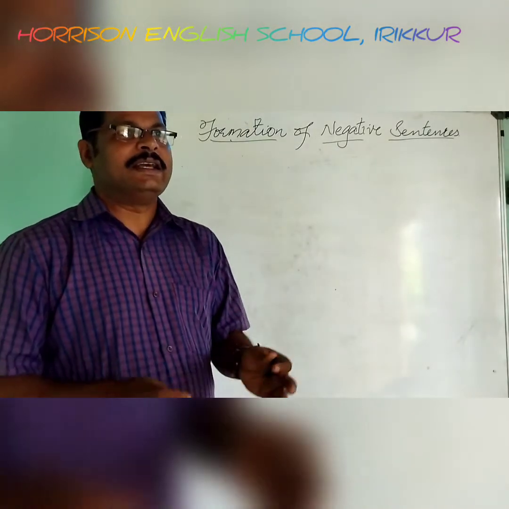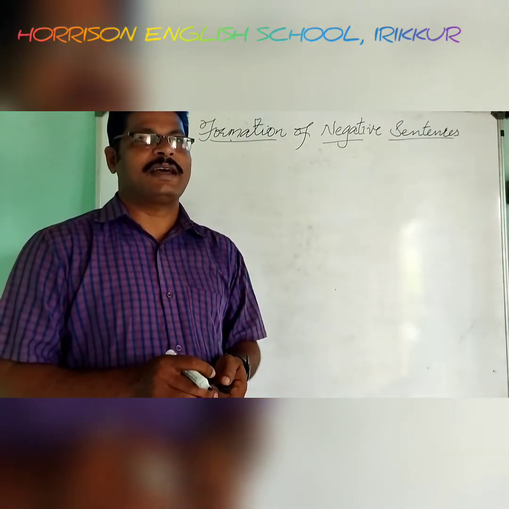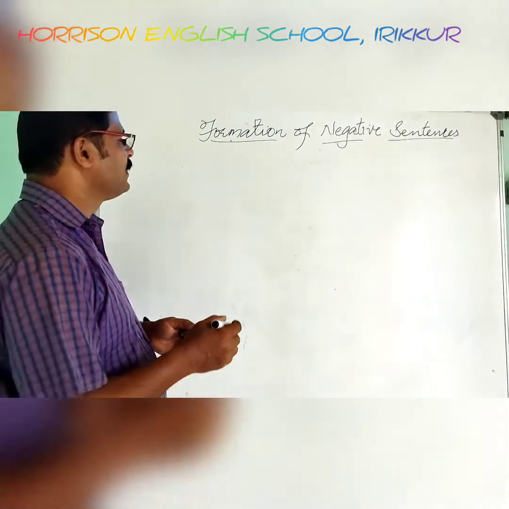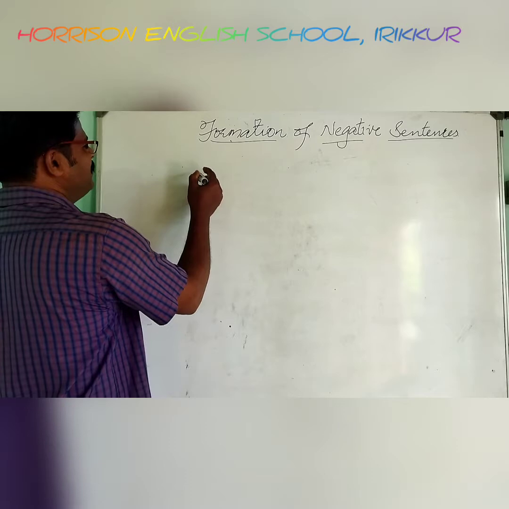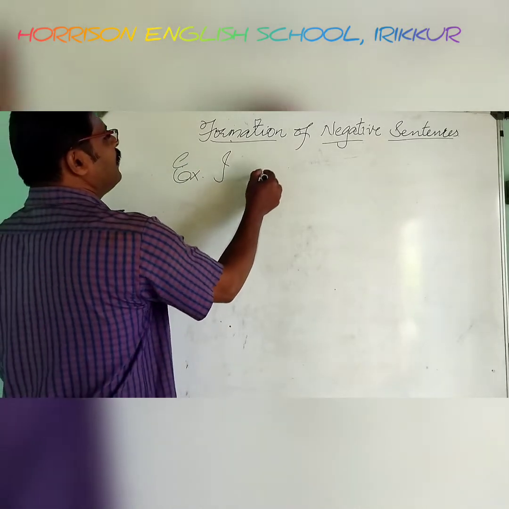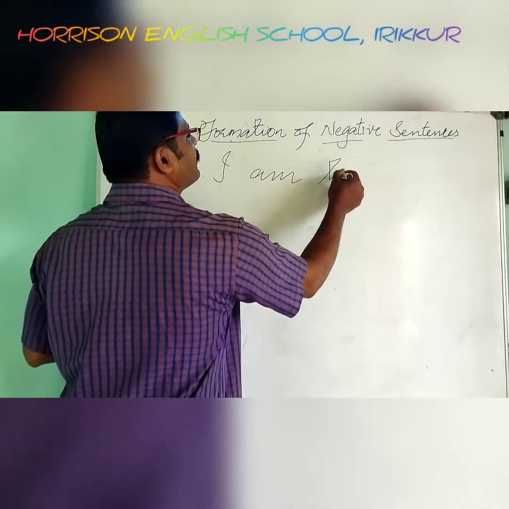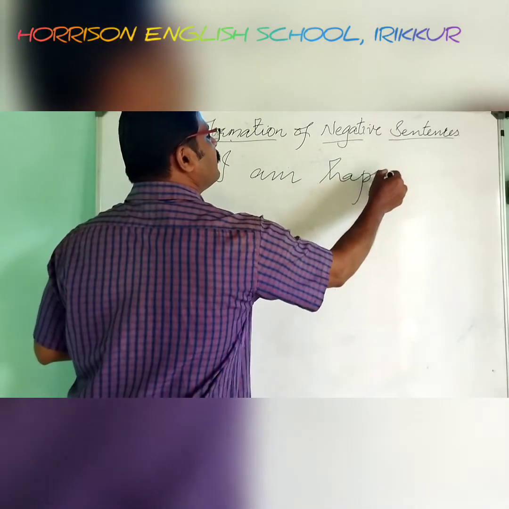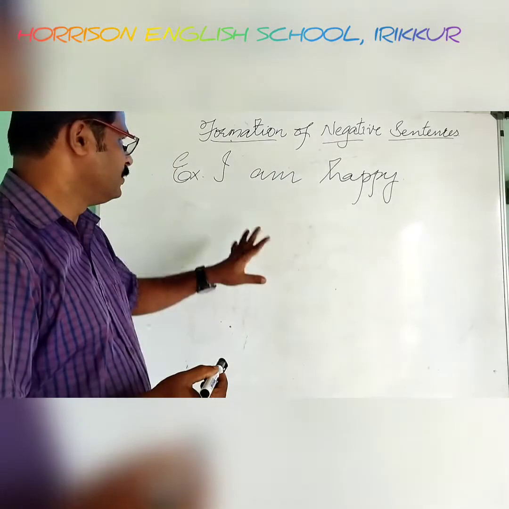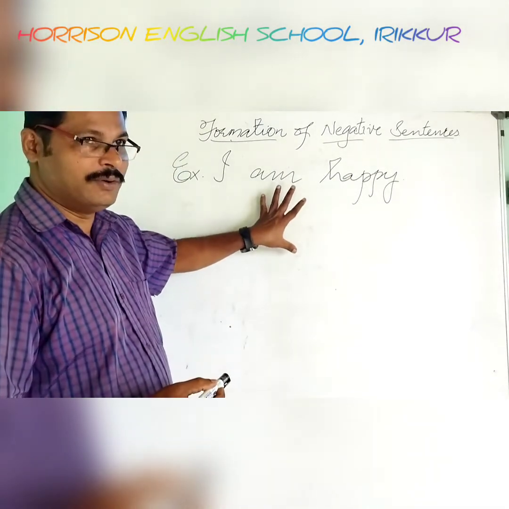You see, a negative sentence simply means having no or not in that sentence. For example, first a simple sentence we take as an example. I am happy. This is a positive statement, because there is no negation, no word like no or not.